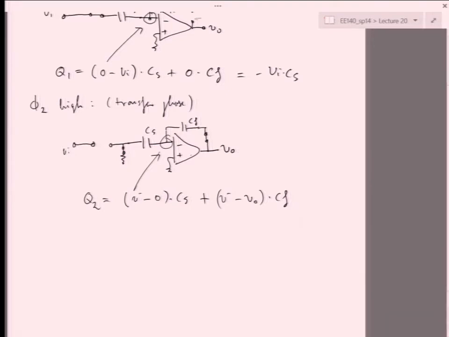If this amplifier has really big gain, then V minus is going to be a very small voltage. And for now, we're going to assume that the gain here is infinity. So this V minus really goes to 0. Right, it's a virtual ground. Therefore, all the charge has now been moved into CF. So Q2 is now minus VO times CF.